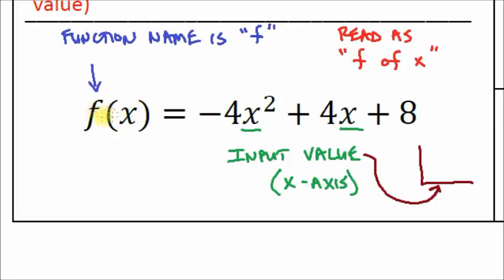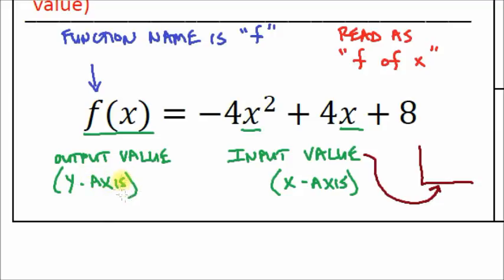Over on the left-hand side, this f of x, this is typically called our output value. And that is usually graphed on the y-axis. So if you had a graph, typically this output value is going to be plotted on the y-axis.